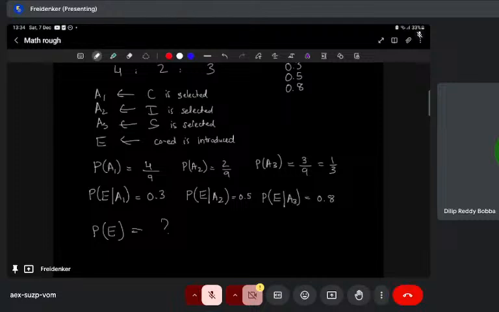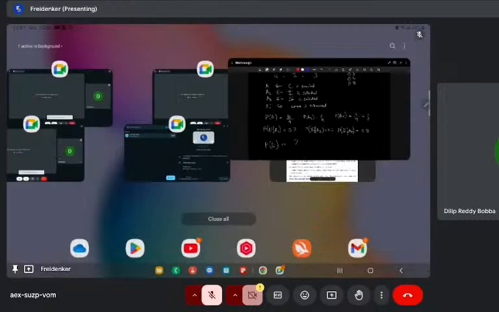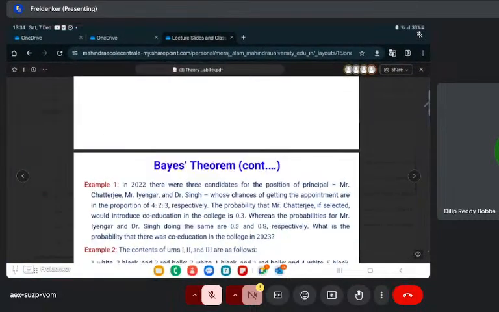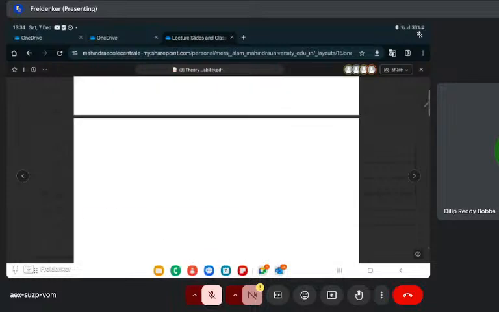But what is our interest? We want to find the probability of E. We have everything required for that. We just have to know what Bayes theorem is. Bayes theorem is this.